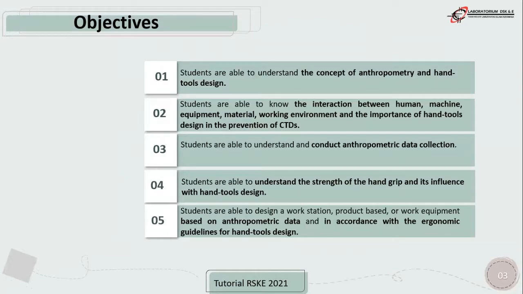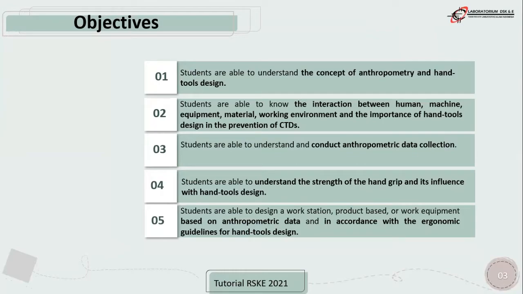Okay, the objectives of this tutorial are, first, you will be able to understand the concept of anthropometry and Handel's design. Second, you will be able to know the interaction between human, machine, equipment, material, working environment, and the importance of Handel's design in the prevention of CTDs. Third, you can understand and conduct anthropometry data collection.